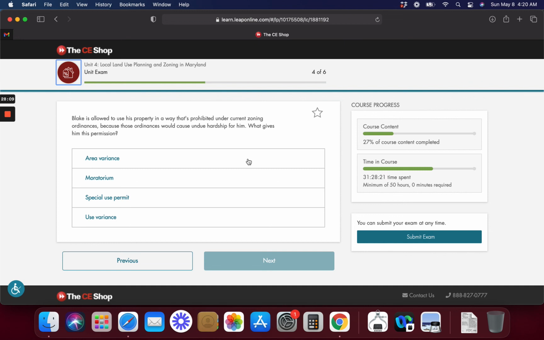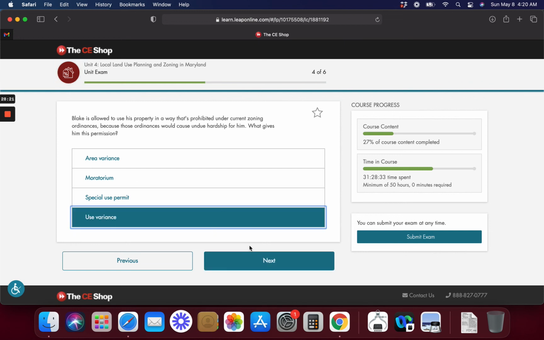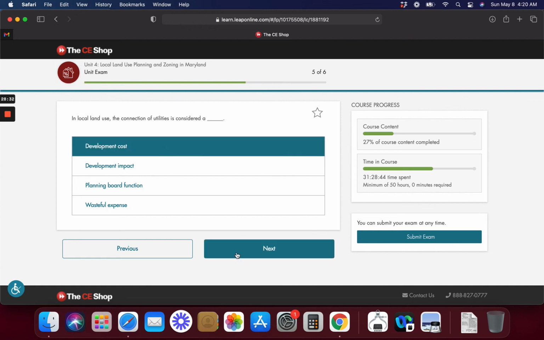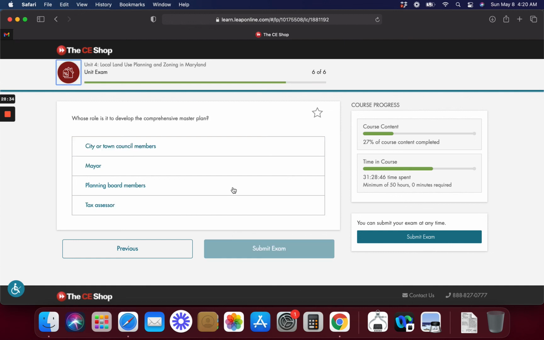Because these ordinances would cause undue hardship for him, what gives him permission? I want to say use. In local land use, the connection of utilities is considered development cost. Whose role is it to develop the comprehensive master plan?